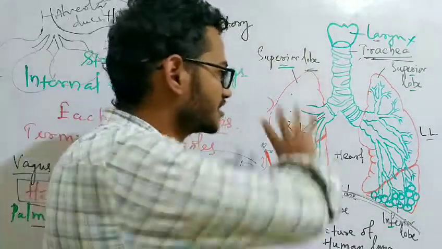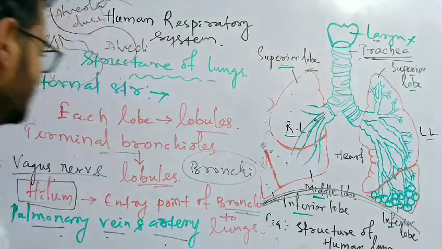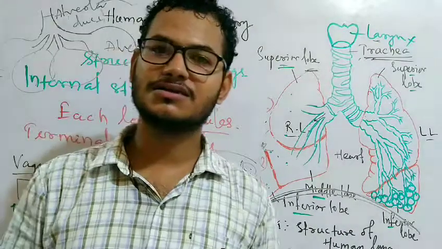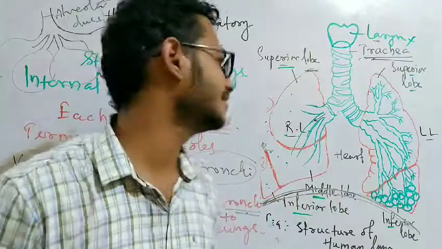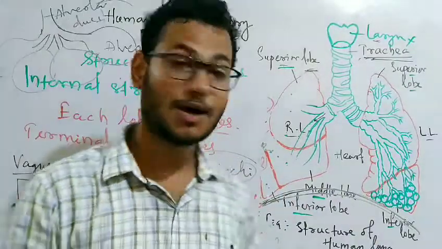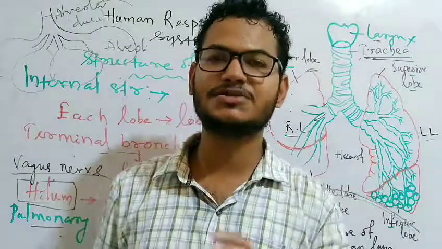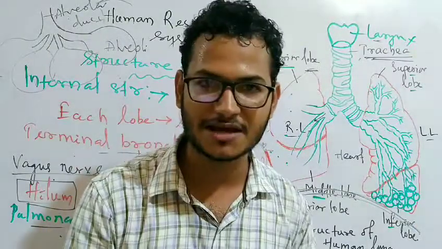So this is how the structure of the lungs is, how the lung is externally and internally made up, and how it functions. So this is all about the structural detail of the respiratory system of human beings.